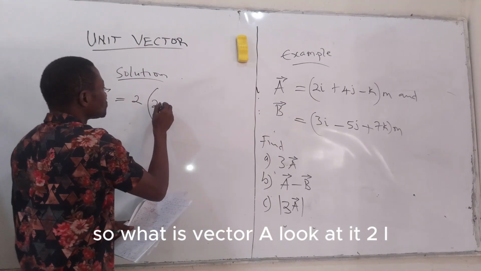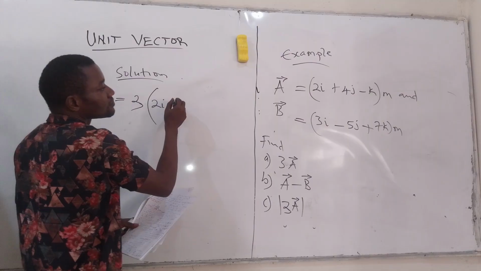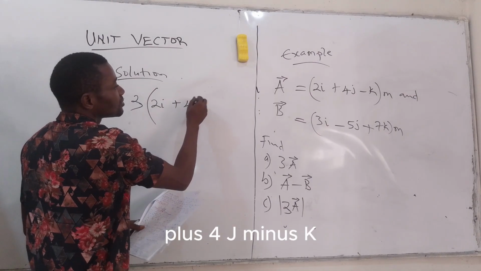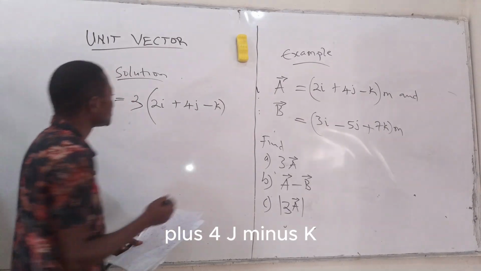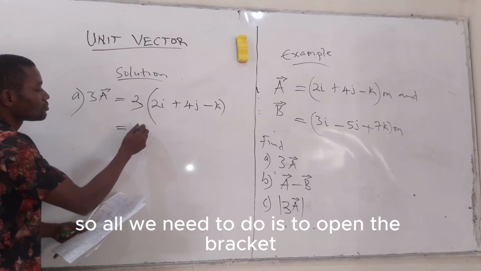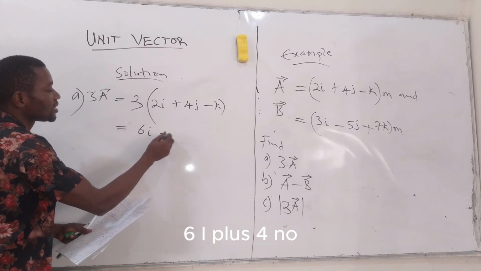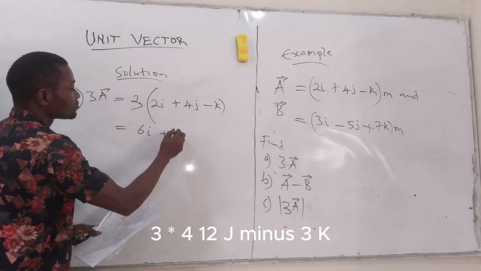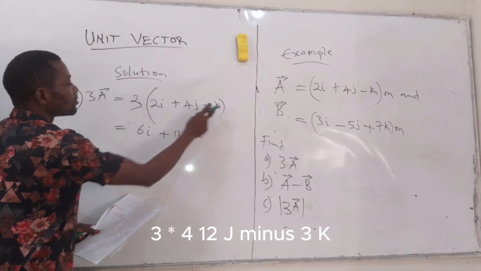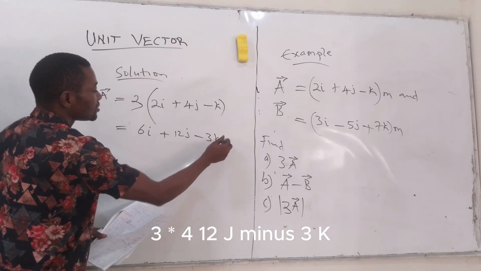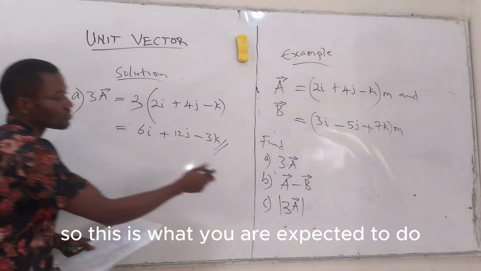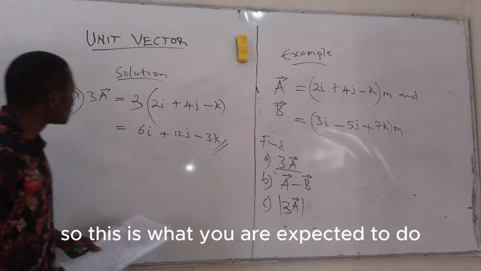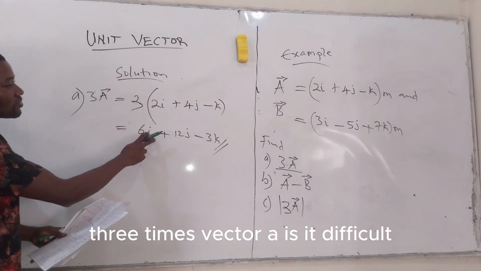Look at it, 2i plus 4j minus k. So all we need to do is to open the bracket: 6i plus 3 times 4, 12j, minus 3k. So this is what we are expected to do, 3 times vector A.